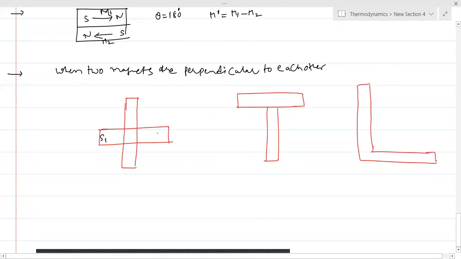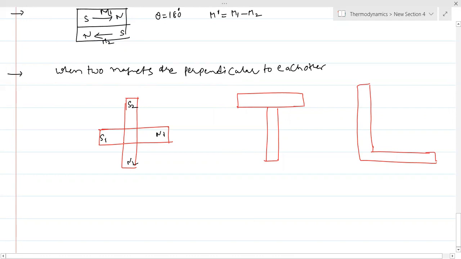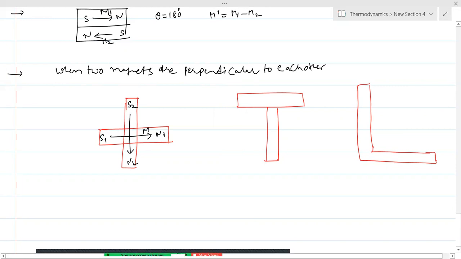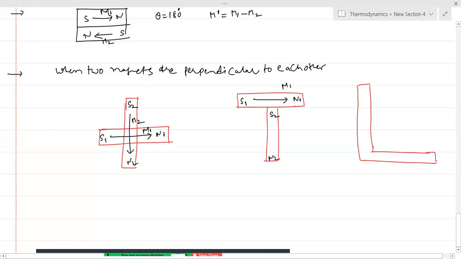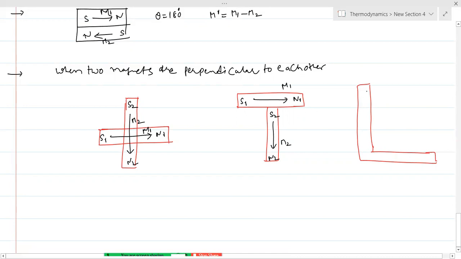Suppose this is S1 and N1, and this is S2 and N2. Always think of the magnetic moment direction, that is S1 to N1, S2 to N2. So this is M1 and this is M2, both perpendicular to each other.